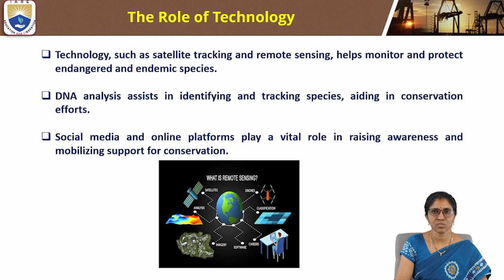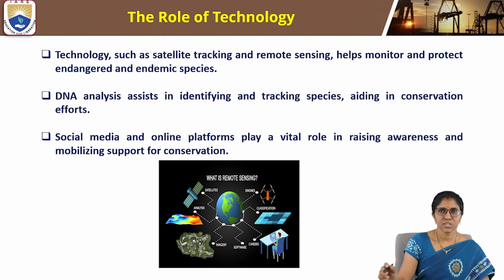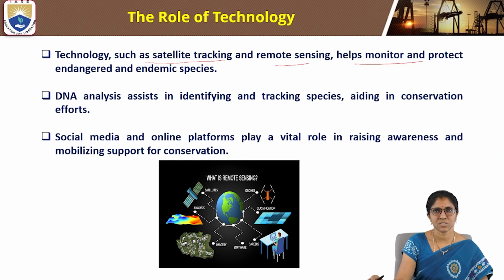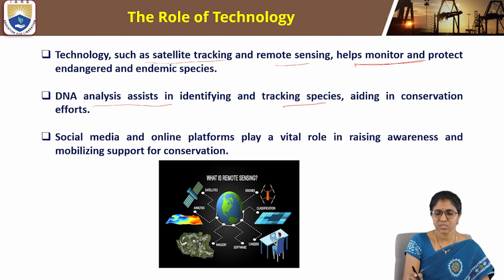What is the role of technology in conservation? Technologies such as satellite tracking and remote sensing help monitor and protect endangered and endemic species. DNA analysis assists in identifying and tracking species, aiding conservation efforts.